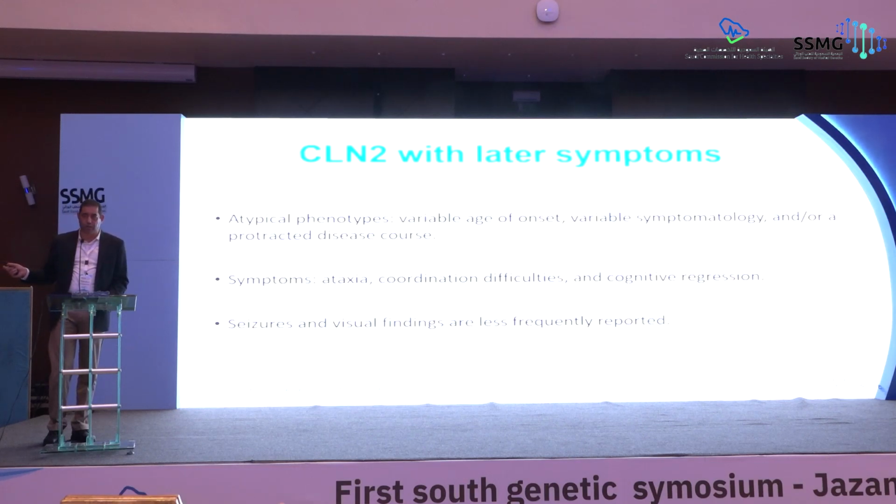However, what we see in the first group, seizure and visual impairment, is rare in this group. So here also, if you have a patient with progressive ataxia and decline in motor milestones, you have to think about CLN2.